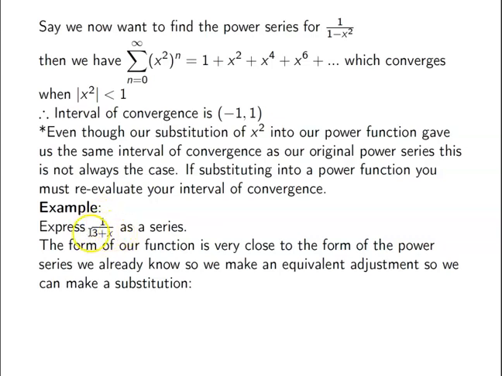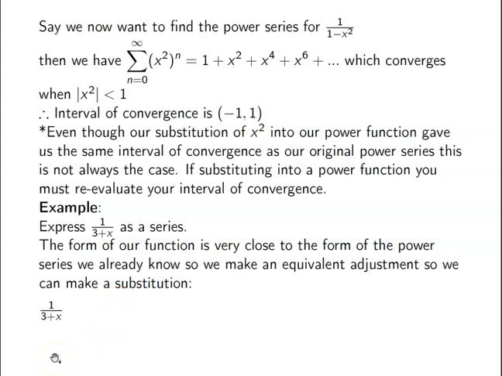I can factor something out, right? If I add something, I got to subtract it away as well, right? So I can't change the value of this expression. I just want to change the way it looks. So we'll be algebraically manipulating it into a form where I can do some sort of substitution like I did here. Okay. So here I have 1 over 3 plus x, the form that I have.